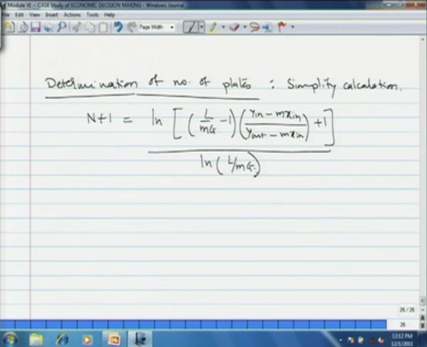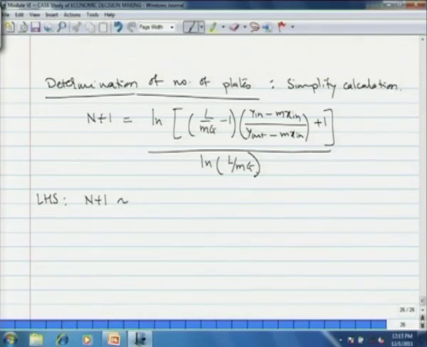Now, let us look at the left hand side of this equation. We have n plus 1 on the left hand side. However, if you see the cost of the column which contains, let us say, between 10 to 20 trays, the cost of column containing 10 trays or 11 trays or 20 trays or 21 trays is not going to be much different.